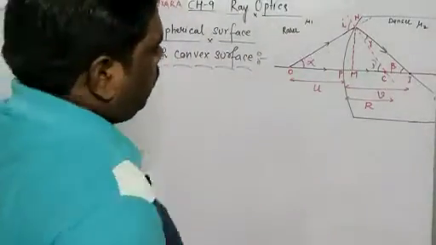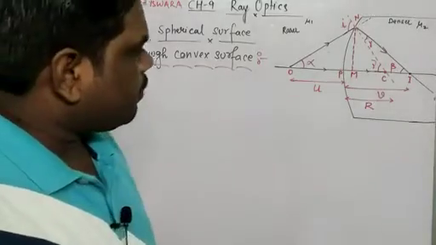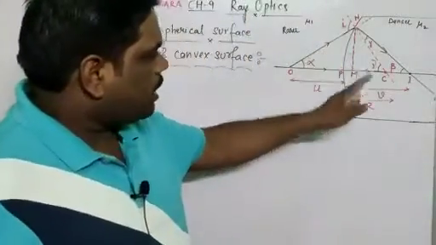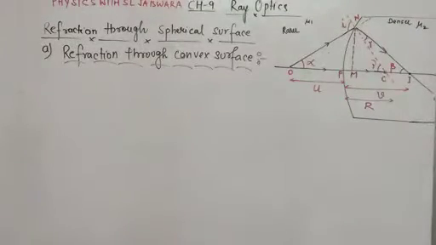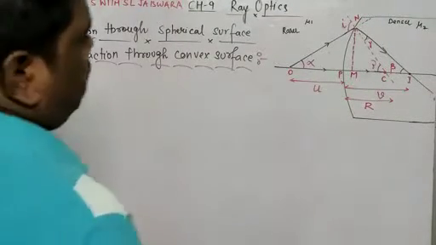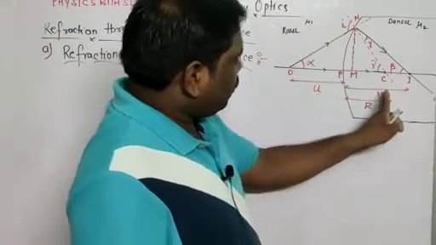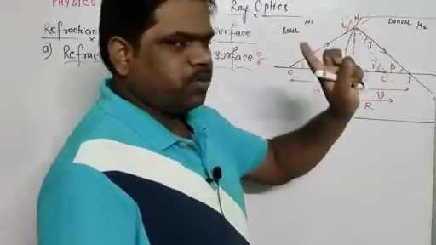So children, in refraction through convex surface we have to establish the relation among u, v, R, mu1 and mu2.